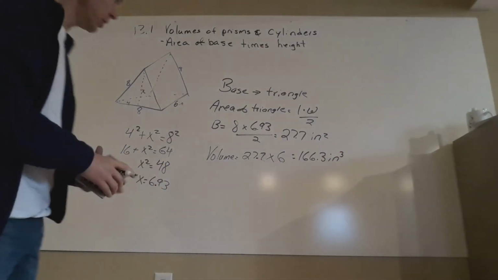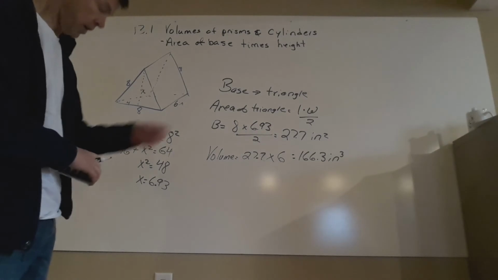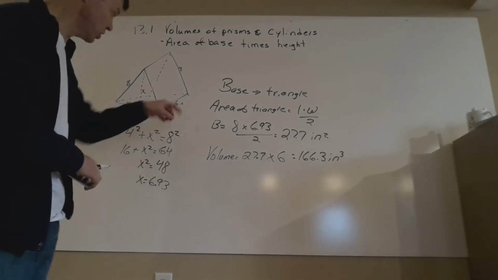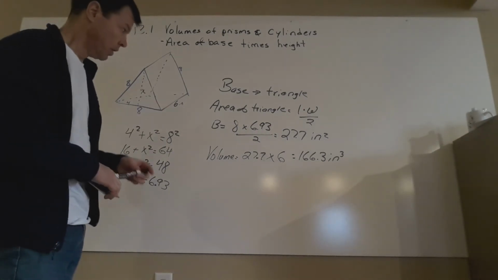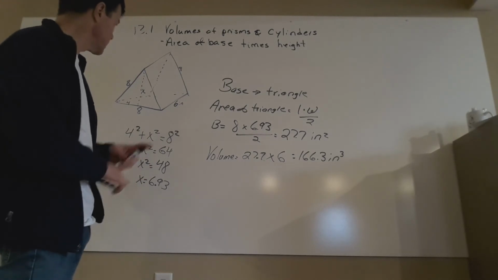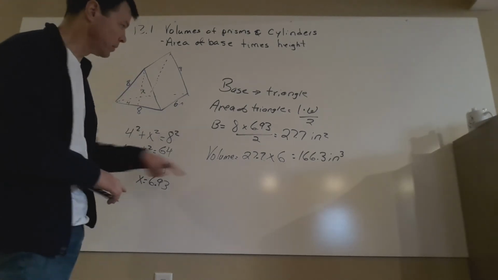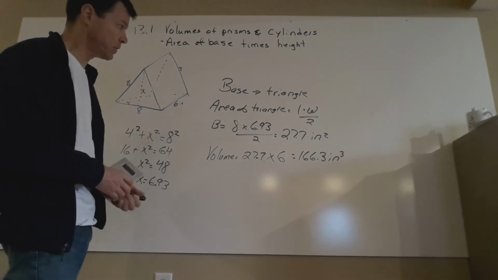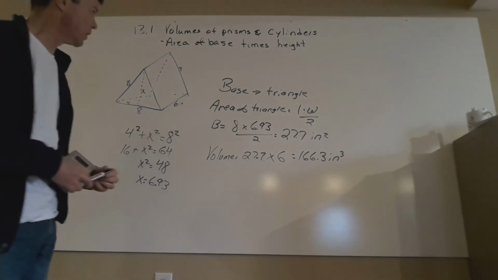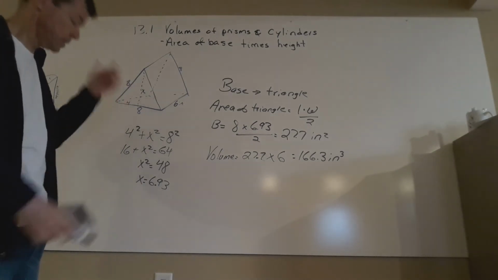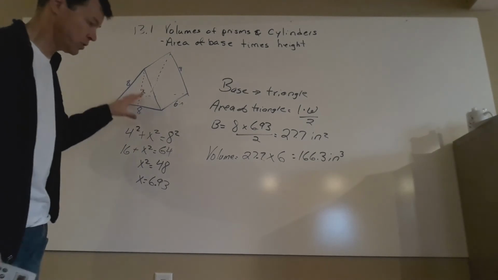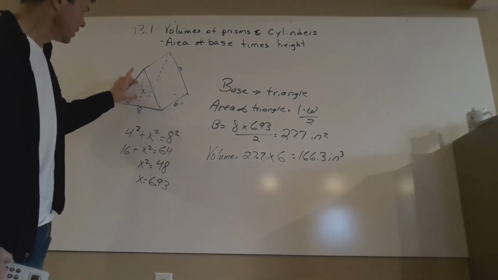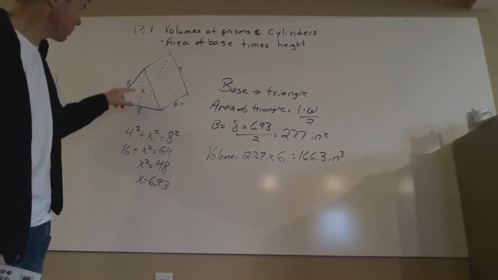The volume is always cubed because I did inch squared times an inch, so it's going to be cubed. So anyway, this triangular prism, 166.3 inches cubed. So I really need to stress, you need to identify which parts of these prisms are the base. We've done enough work on those, it should not be a problem.